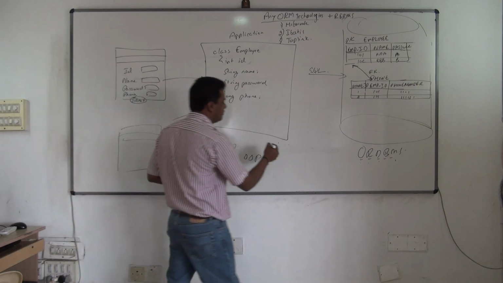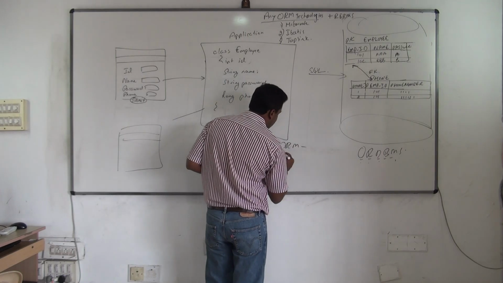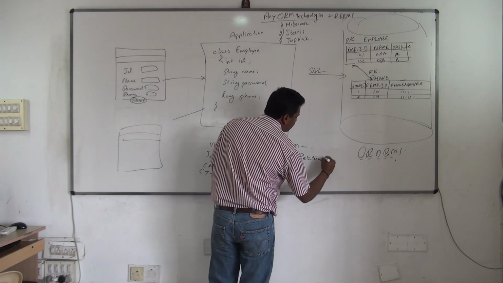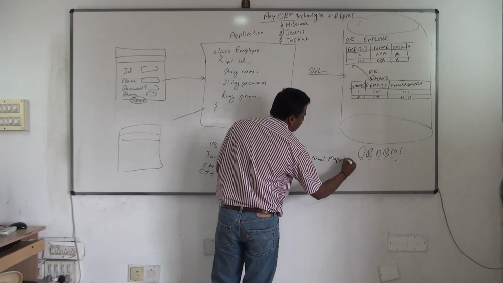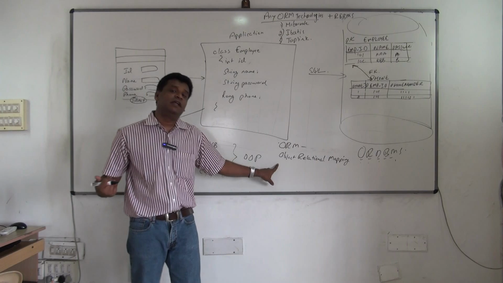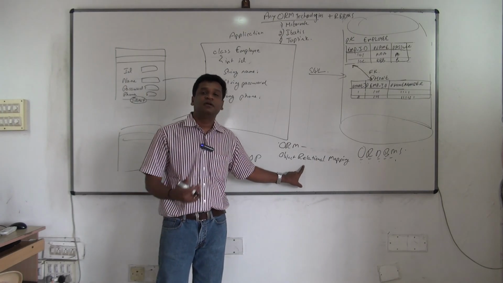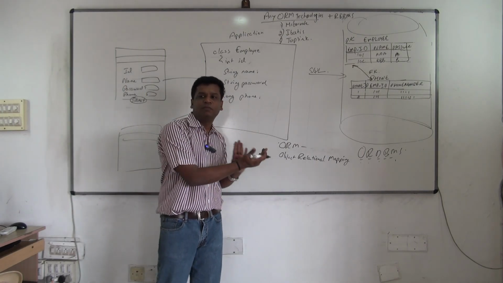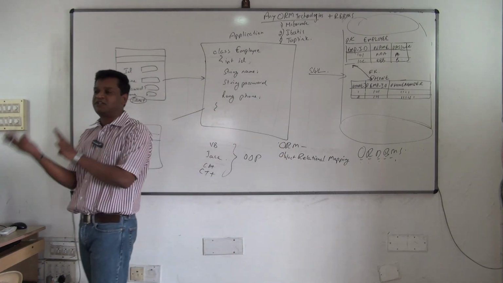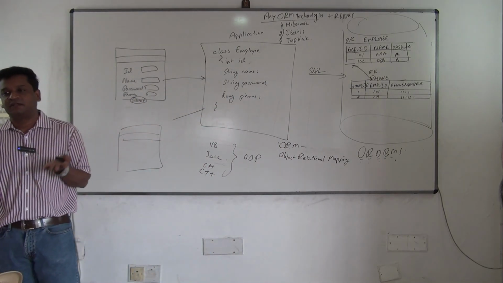And in Hibernate I'll be covering more. Object is in the programming language. Relational is related with the database. So you are going to map object with the relational world. To map object with the relational world, I will use a technology called Hibernate.